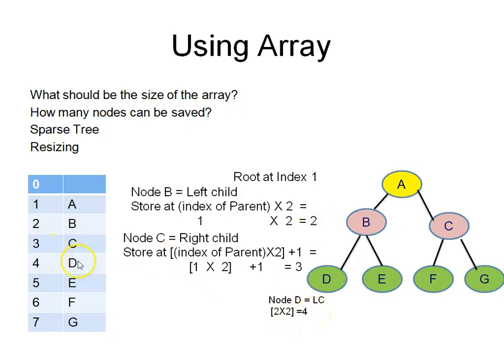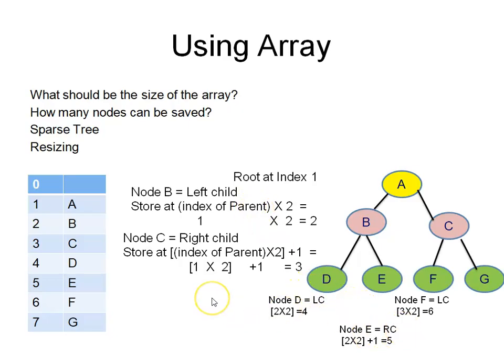This is the position of D. Similarly for F, which is the left child of node C, C's address is 3, so 3 into 2 is 6. 6 is the position of F. Then for E, which is the right child of node B, we take 2, the address of node B, into 2 plus 1, and we get the value 5. The 2 represents that it is a binary tree, and the index represents the position of the parent.